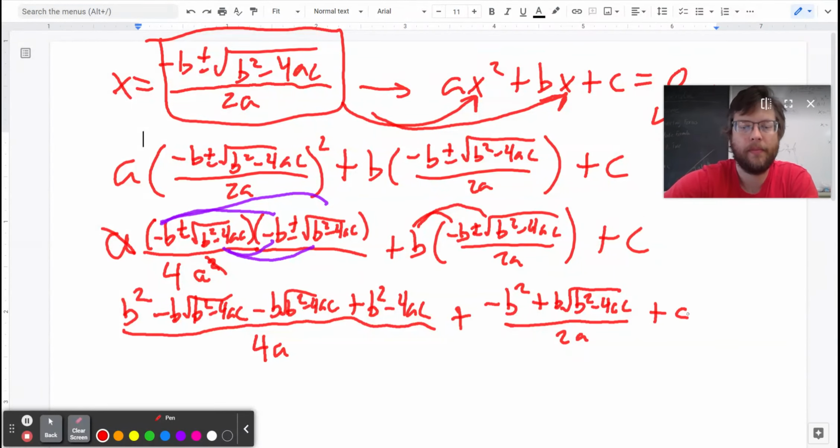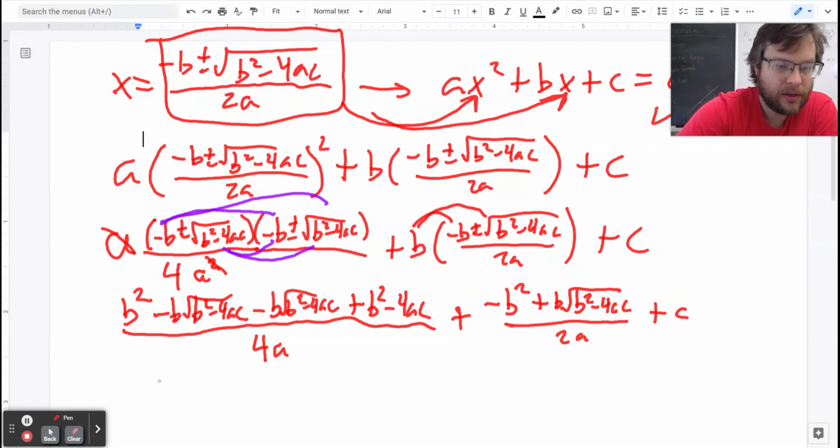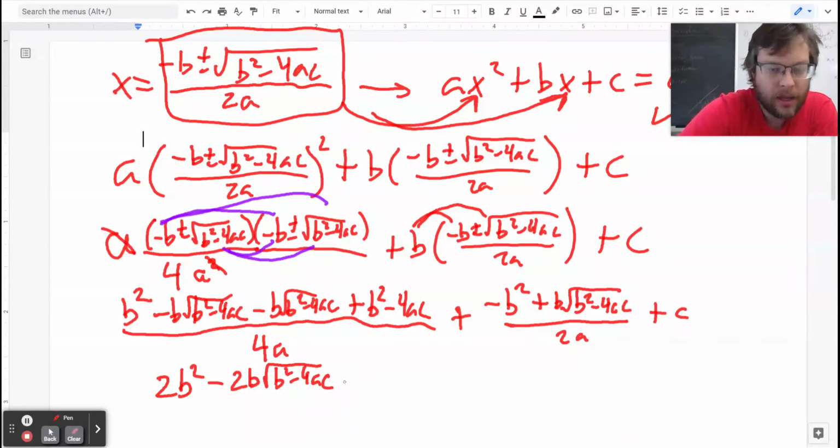So we're getting somewhere. When I look over on the first fraction on the left side, what I notice is that there's 2b squared, there's 2b times the big old square root, and there's minus 4ac, all divided by 4a.